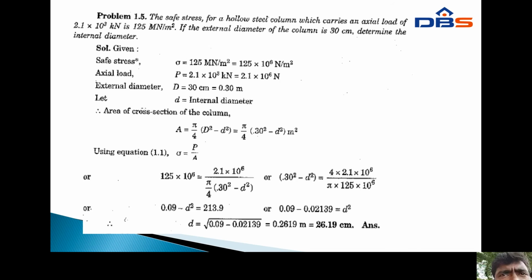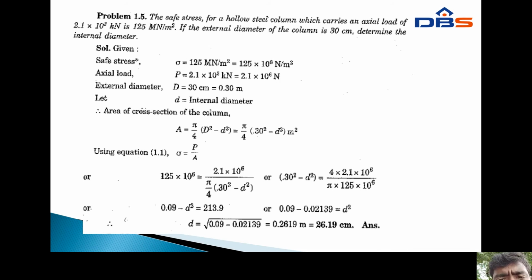In this problem, D square is replaced by capital D square minus small d square. Therefore, A equals pi by 4 into capital D square minus small d square.